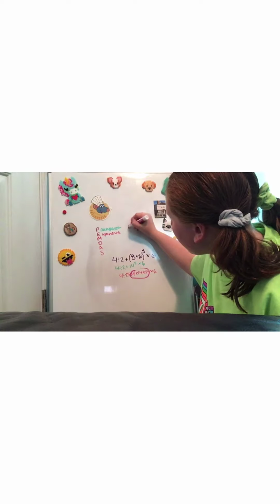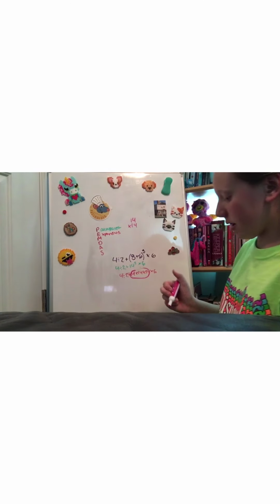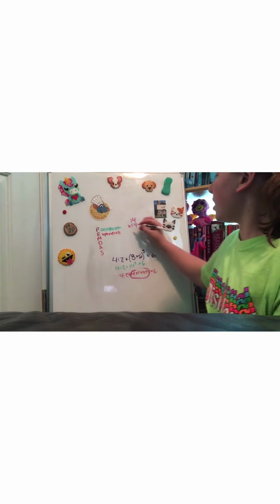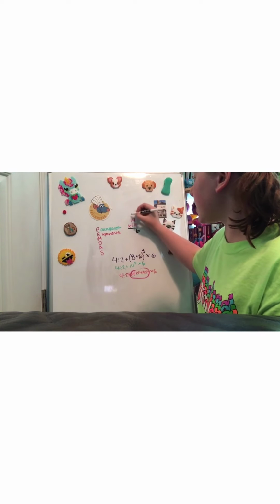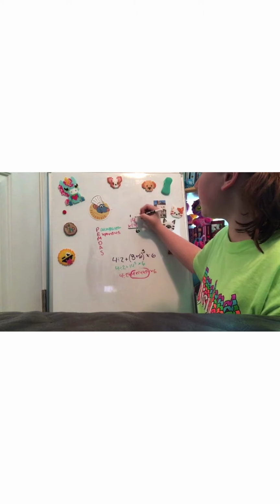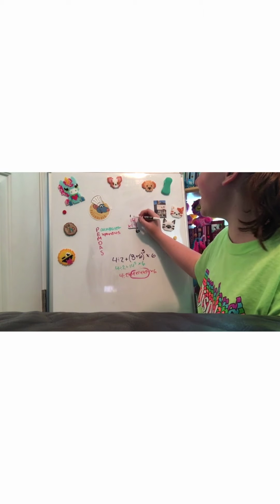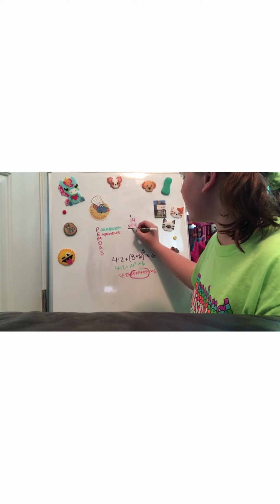14 times 14. This is where it gets a little bit more complicated. So we know that 4 times 4 is 16. So put that 6 up here. 4 times 1 is 4, plus that 1 is 5.